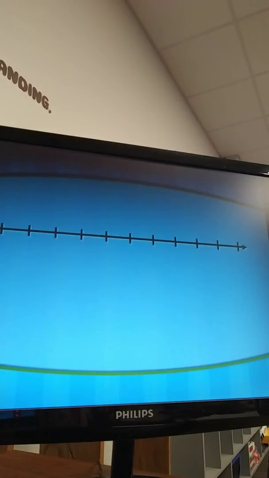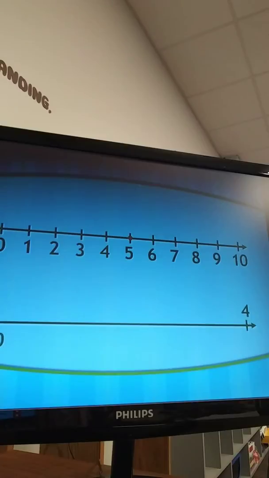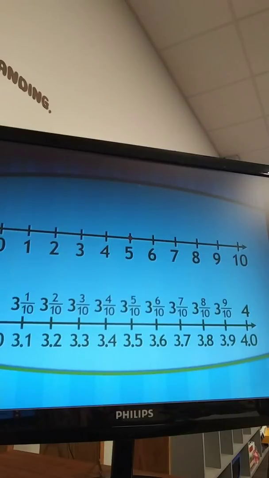Okay, a number line representation. We can see that 3 1/2 is equal to 3 and 5/10. 3.4 would round to 3 because it is less than half. 3.7 would round to 4 because it is more than half.